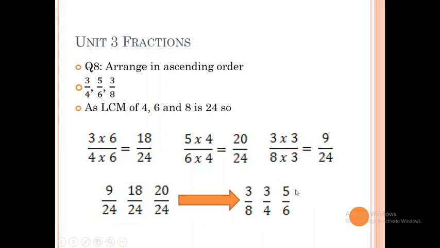We have arranged them in ascending order, starting from the smallest and the last one is the greatest, by converting them into fractions of the same denominator. This is the method to arrange them in ascending order. Same we will use if they ask to arrange them in descending order.